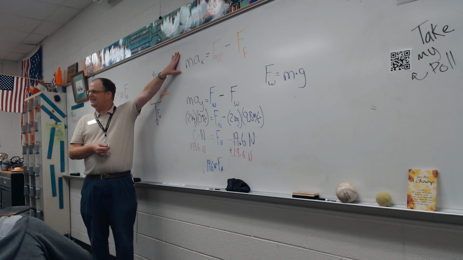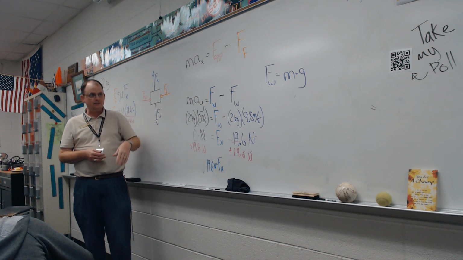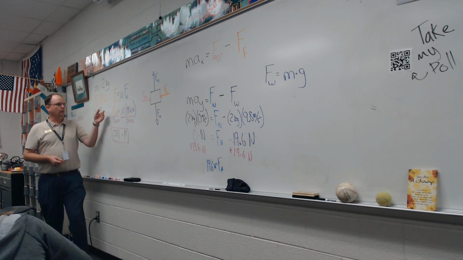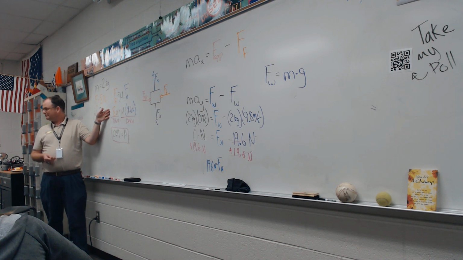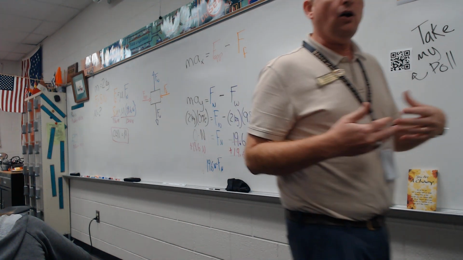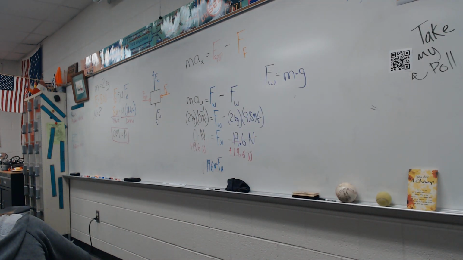Turned out we didn't need this one this time, but it was good practice to write for both directions. Found the normal force, which was missing, in order to come back here and solve. You've got 4 more down there. They're not all the same. They don't all happen the same way, but you need to practice at least 2, if not all 4, because the more you do these, the faster they get.